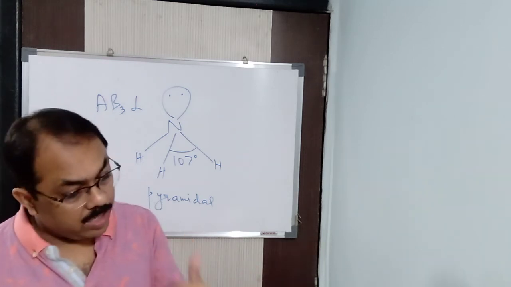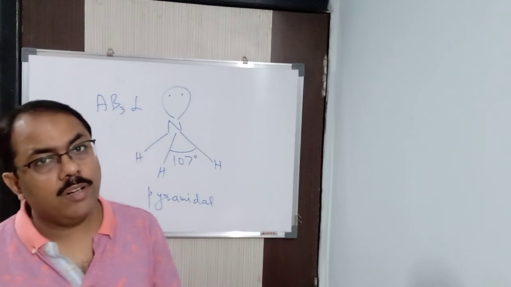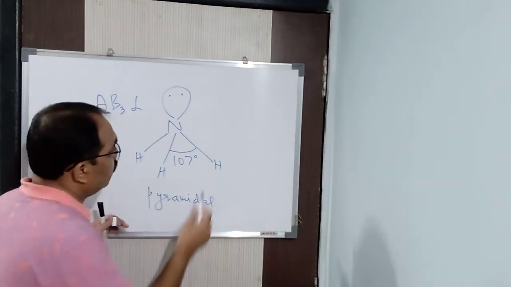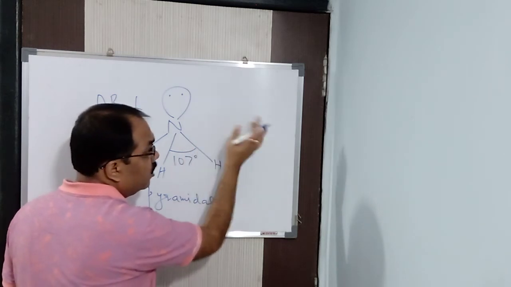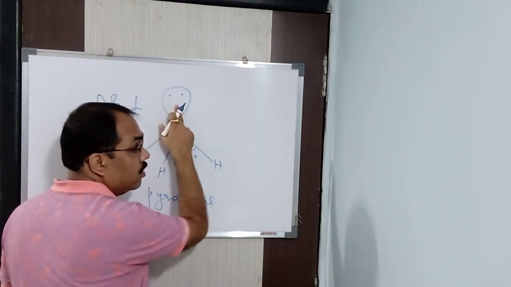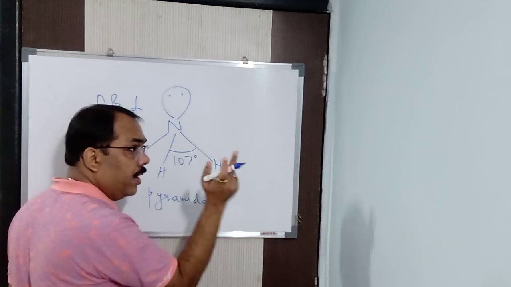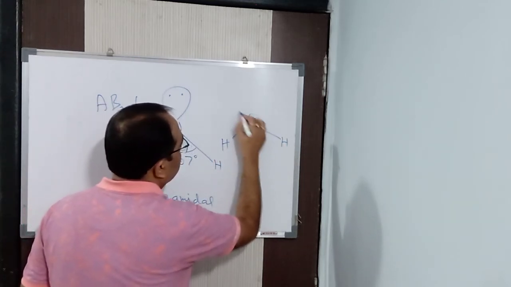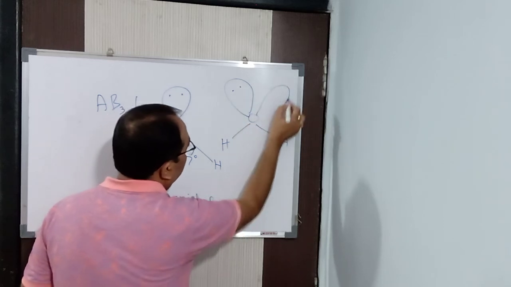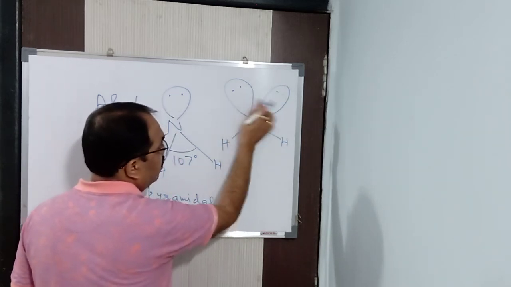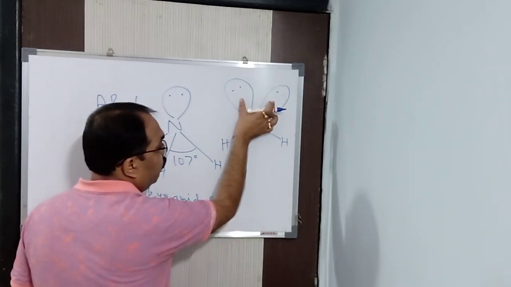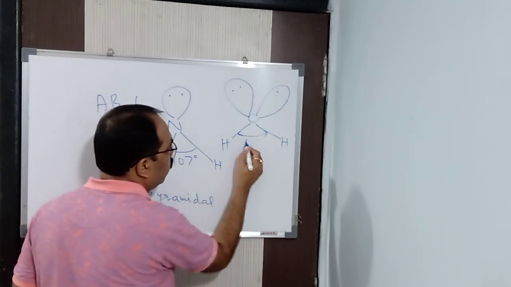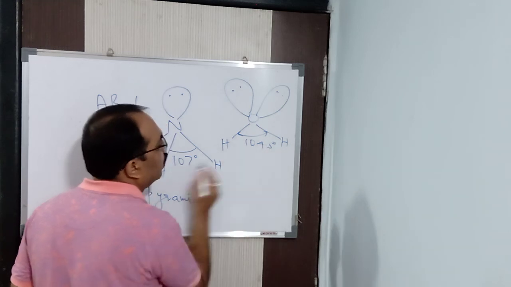Got it? It can also come that why the bond angle of water is less than that of ammonia, because in water, apart from bond pairs, we have two lone pairs, but here only one lone pair is there. In water there is lone pair lone pair repulsion, and lone pair lone pair repulsion is greater, due to which the bond angle decreases to 104.5 degree.